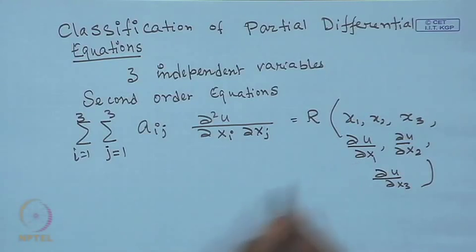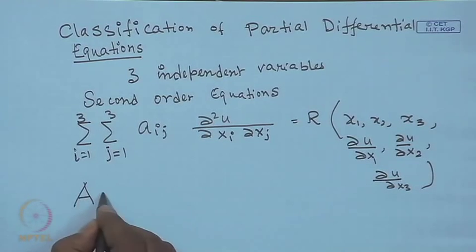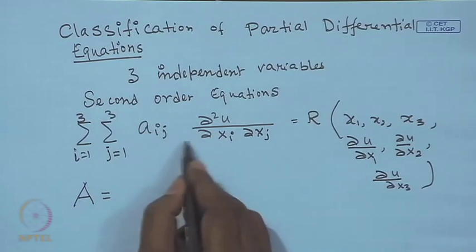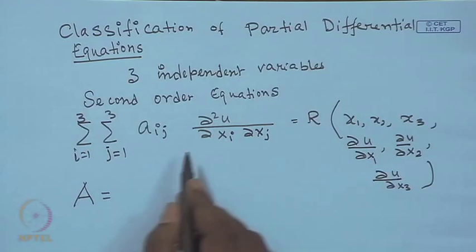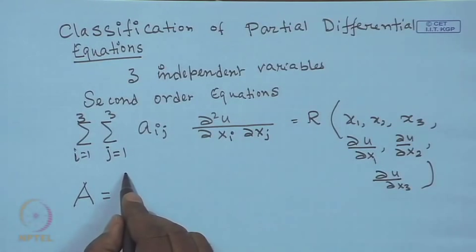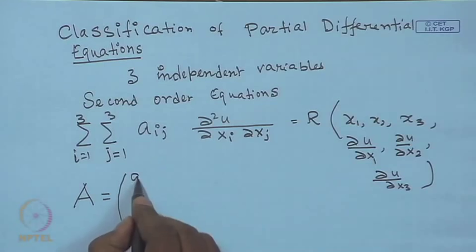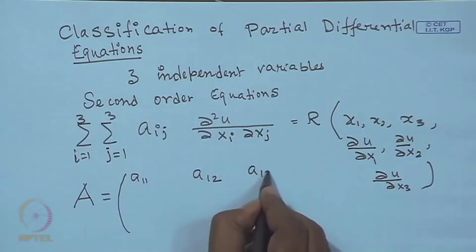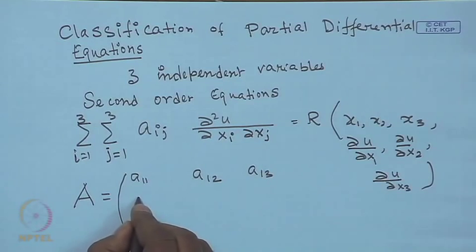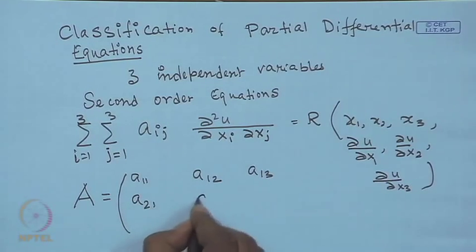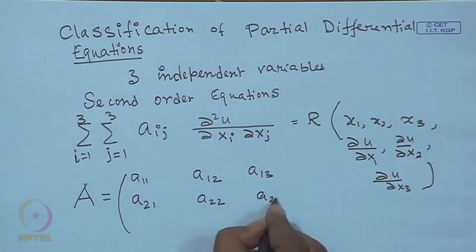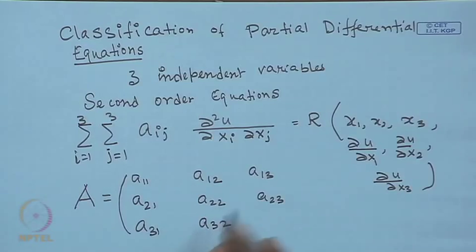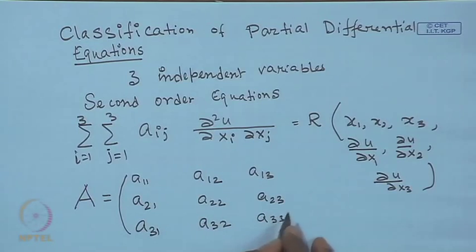Okay. Now, we can have a matrix composed of the coefficients of the second order terms. You can write it as a11, a12, a13, a21, a22, a23, a31, a32, a33.